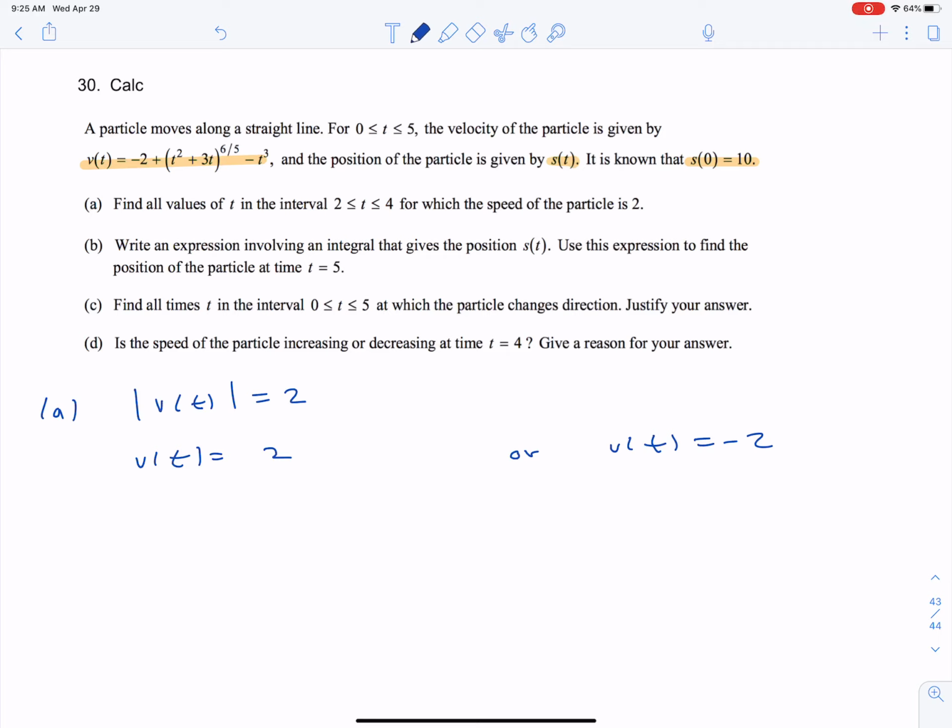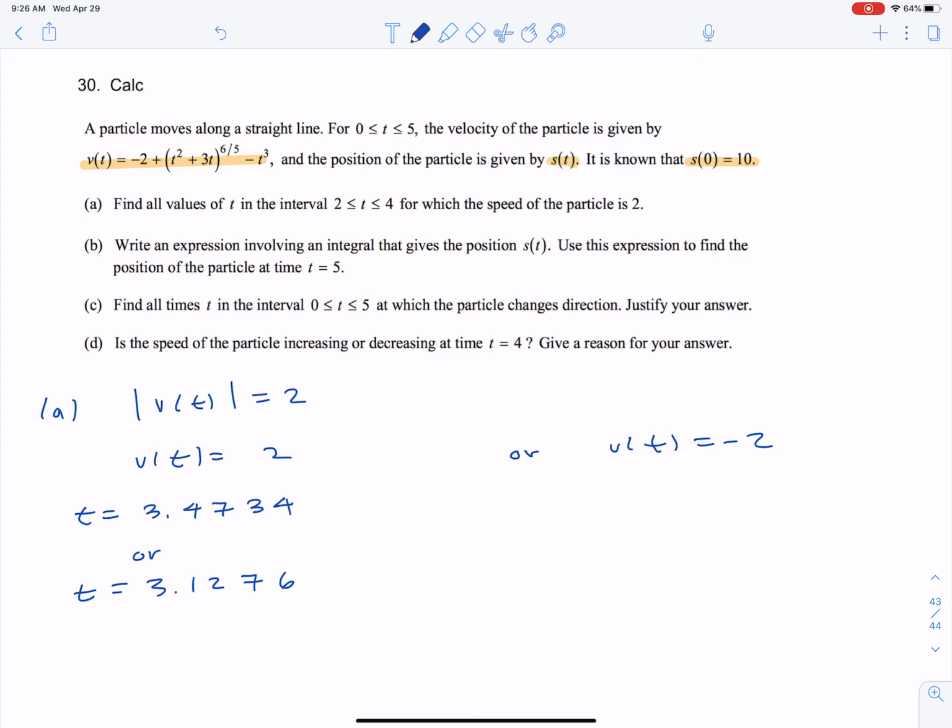I'm going to solve those on my graphing calculator, and what I end up getting are two values. t equals 3.4734, or 3.473, or t equals 3.1276, which again we can truncate.